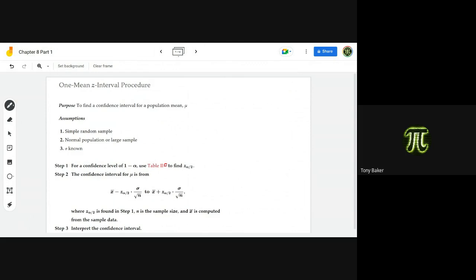We need to know that it's a normal population or a large sample. What's the number that I said makes a large sample? 30. As crazy as it sounds, 30 doesn't seem that large, but once you get past 30, it's pretty much a normal sample. We need to know our standard deviation.